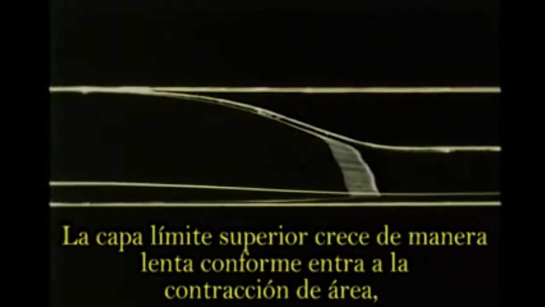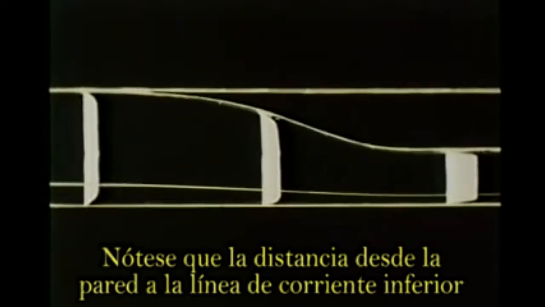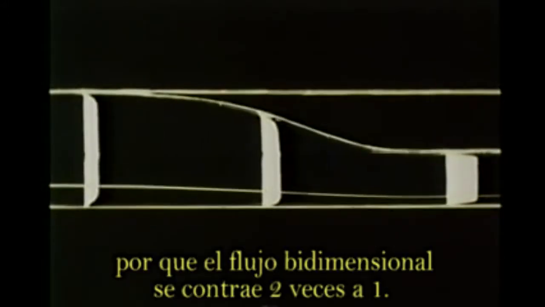The upstream boundary layer is growing slowly as it enters the contraction. After the contraction, the boundary layer is thinner. Note that the distance from the wall to the streamline downstream is about half what it is upstream, because the two-dimensional flow contracts 2-to-1.